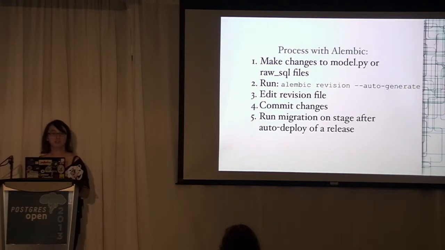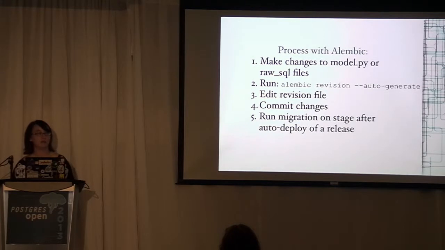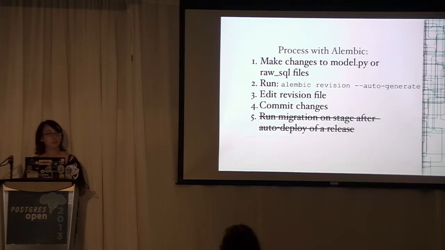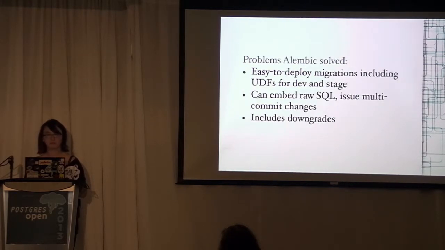They commit those changes, and then we run the migration in our staging environment after our continuous integration loop finishes and the code is automatically deployed. And we're actually now probably, when I get back on Thursday, going to turn this on. We're going to stop manually running migrations, and we're just going to let the continuous integration system take care of it for us, which is a really exciting step.